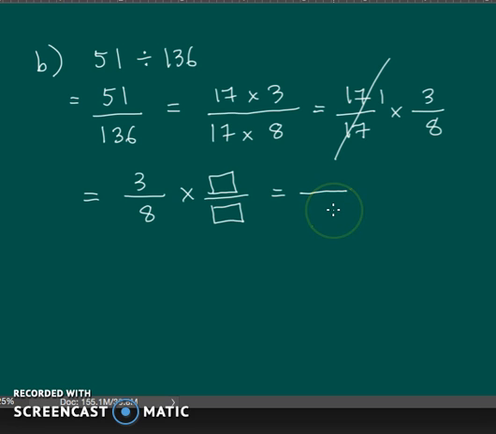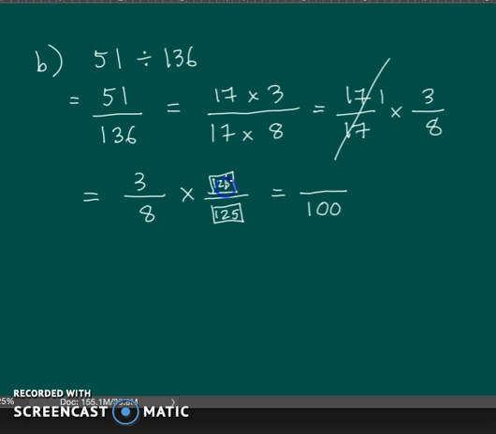So 8 is not a factor of 10, and it's not a factor of 100 either, but it is a factor of 1,000. So you have to multiply 8 by 125 in order to get 1,000. So because I had to multiply the denominator by 125, I will do the same thing to the numerator.